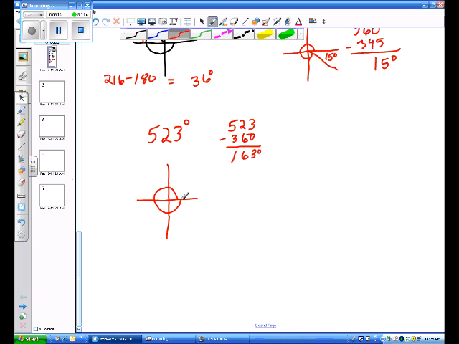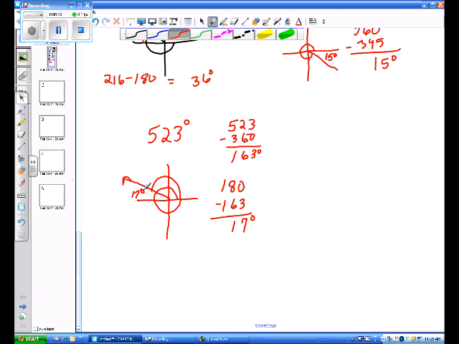So we rotated all the way around, then we rotated 163 degrees, so we're ending up over here in the second quadrant. So we know that to go all the way here would be 180. So we have the 180 minus the 163. So we end up with a reference angle of 17 degrees.